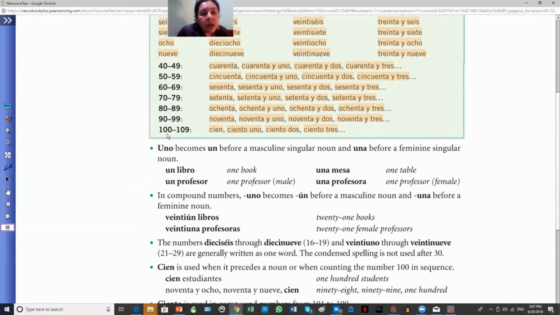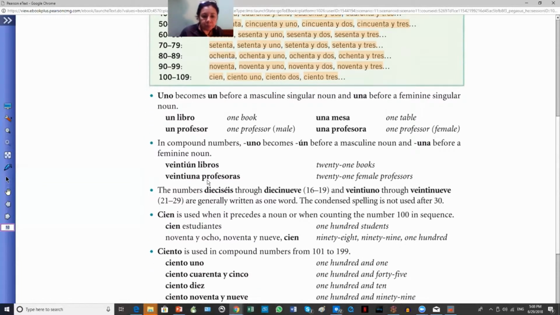When it has company on the right, meaning 101, 110, 115, we change cien into ciento, okay? So 101, no "y," that's English. 101, 102, 103, 160, 150, okay?